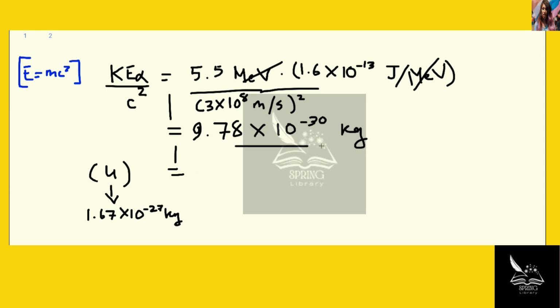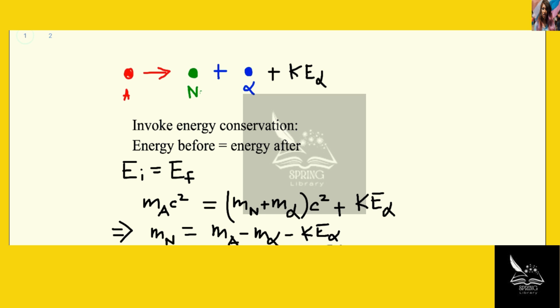And so you divide this by this, what you get is 5.888 times 10 to the negative 3 U. And the reason we want this term in terms of U is that the mass for the americium nucleus and the mass for the alpha particle are both given in terms of U. So this is just to make our calculation easier.